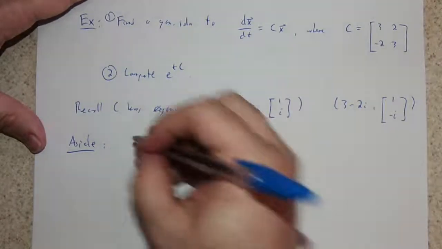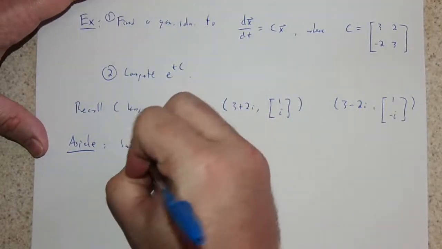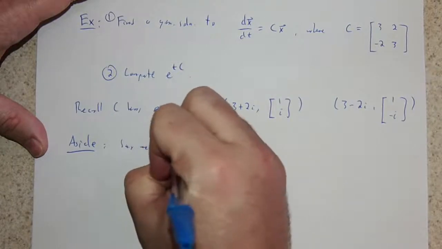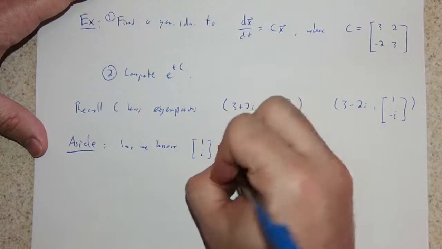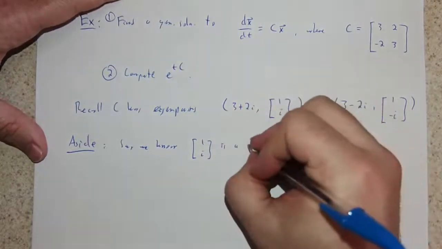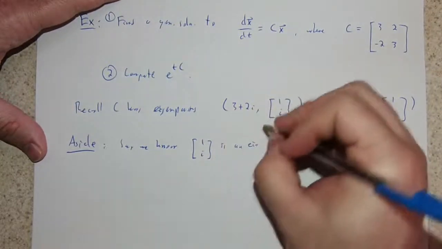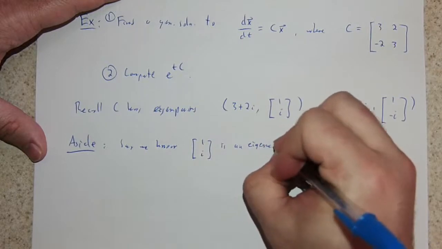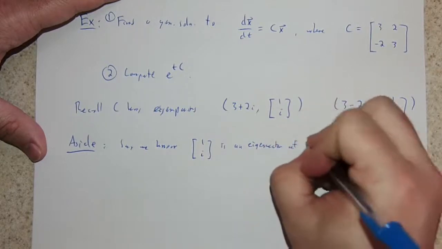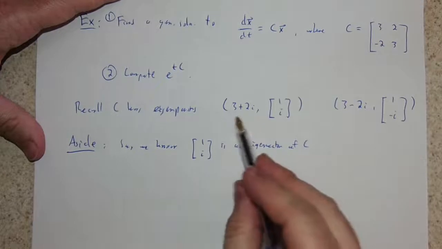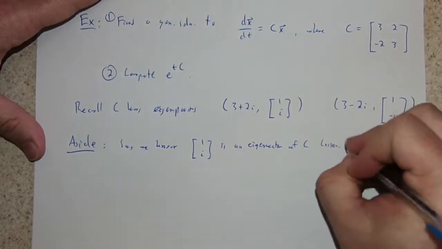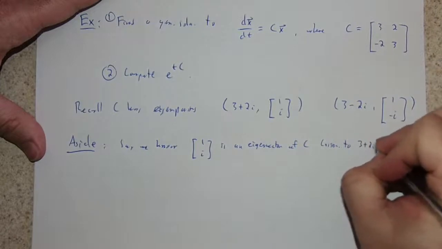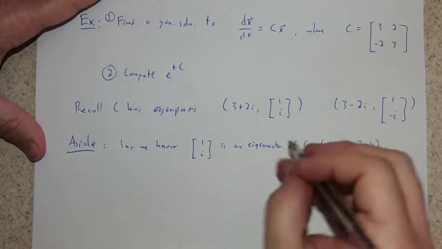So for instance, say we know that (1, i) is an eigenvector of C. Of course, it's associated to 3 plus 2i. We forget that, right? So associated to 3 plus 2i.